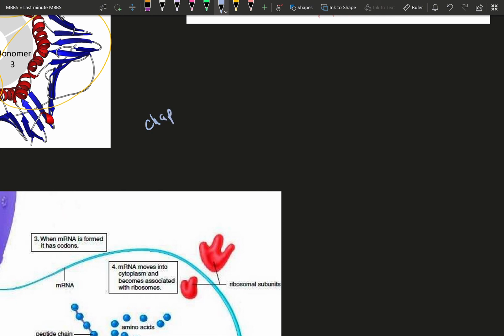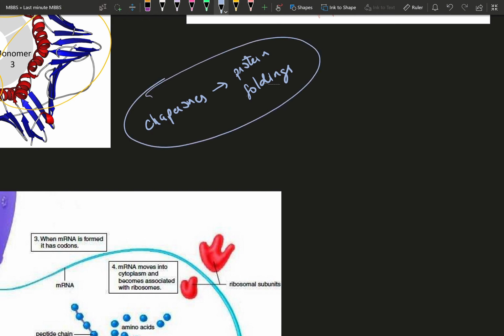Chaperones are very important and their most important function is protein folding. Very important thing, you write this, chaperones, you will get 1 mark extra guaranteed in your internal assessment or whatsoever it may be. So please take note of that, chaperones, important note.